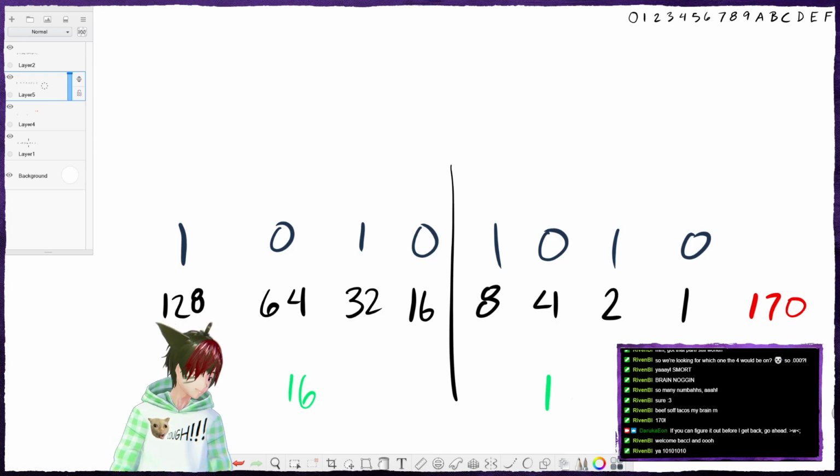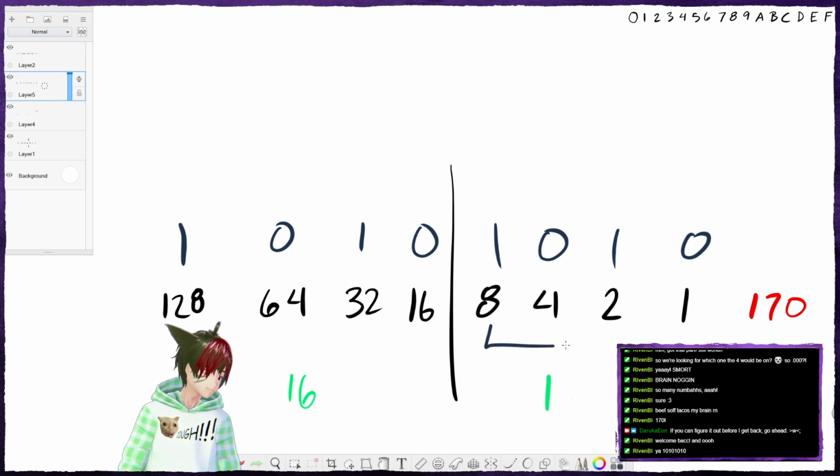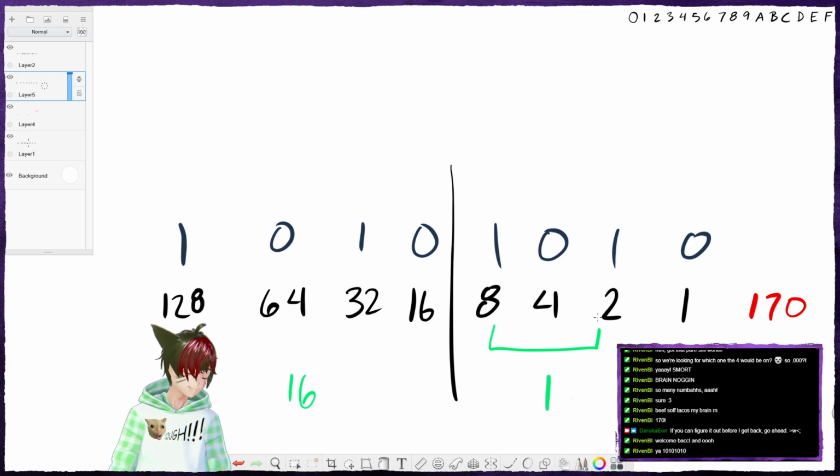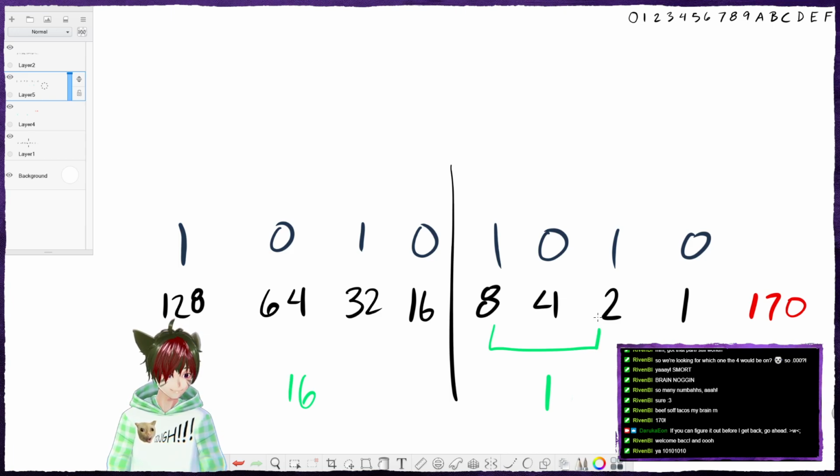Okay. So, see where I'm going with this? Eight plus 2. This one's actually a trick question.